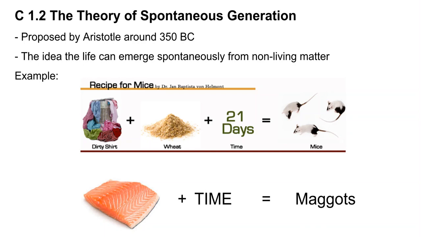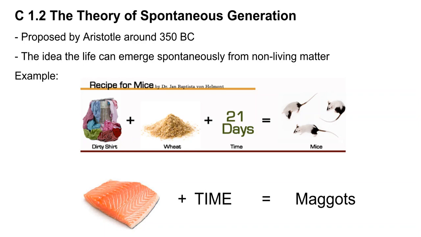And it was a very rational thing, if you didn't know any better, to just say, oh, well, the shirts aren't alive, and the wheat, as much as it comes from something that used to be living, it's not physically alive right now. It's not moving around a lot like the mice are. And so from these things, if you give it a little bit of time, that life will just spontaneously emerge. It's just at the behest of the universe, something living will come out of that.